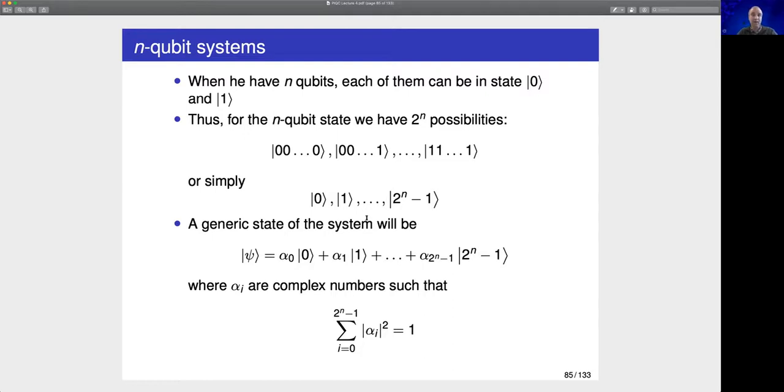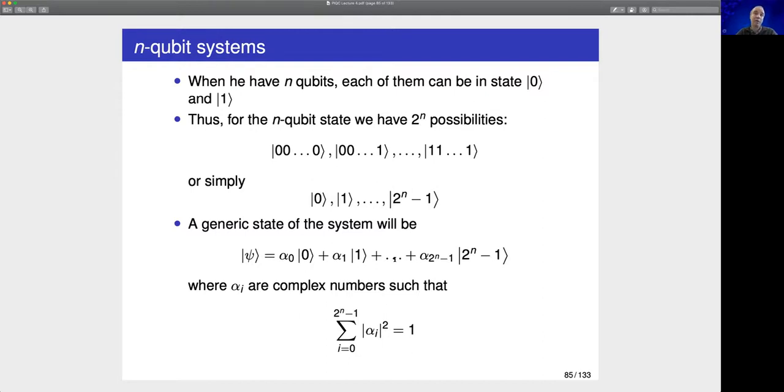And of course, we can have superpositions of those states. This is something that we have seen in 1 qubit systems, in 2 qubit systems. Of course, in n qubit systems, we can have a superposition of all the basic states. And in this case, of course, we are going to have a linear combination with complex coefficients of the different possibilities for the individual qubits combined in these basic states.